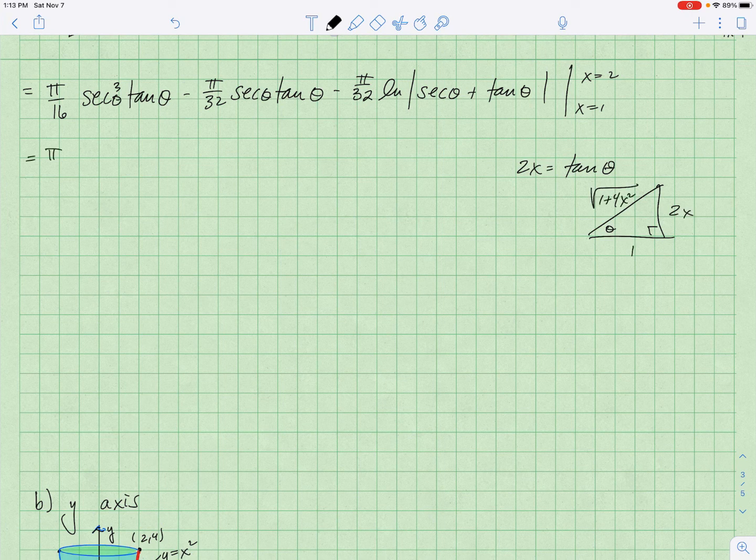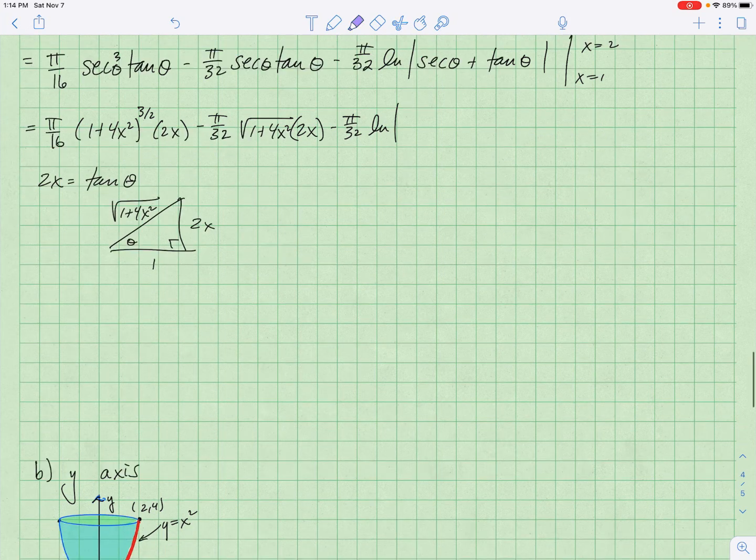And so this is equal to pi over 16 times the secant, which is hypotenuse over adjacent cubed, is going to be 1 plus 4x squared to the 3/2 times the tangent, which is 2x, minus pi over 32 times the secant, 1 plus 4x squared into the radical times the tangent, which is 2x, minus pi over 32 times the natural log of the absolute value of the secant, square root of 1 plus 4x squared plus the tangent 2x, from x equals 1 to x equals 2.